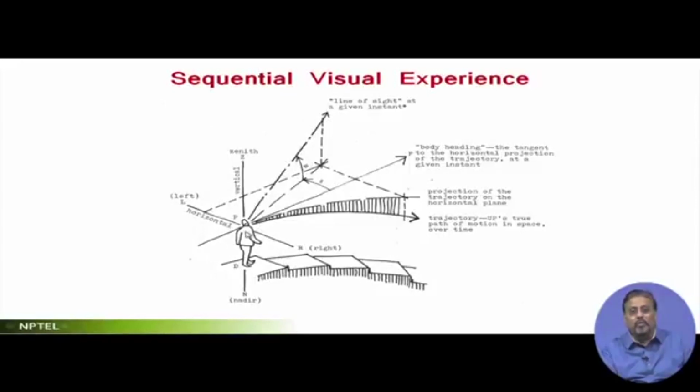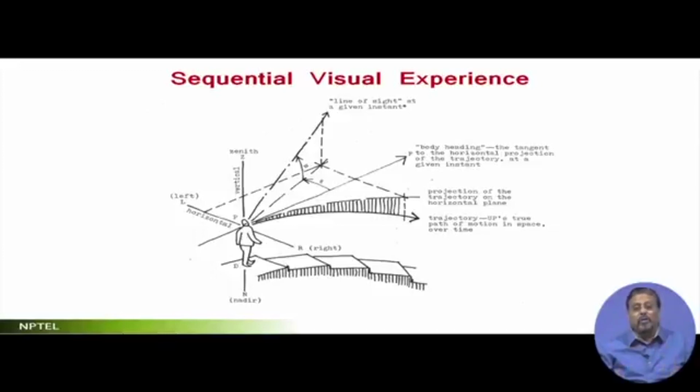Your x y is different, but your z value of the eye is 0. The vertical value is 0 with reference to your eye, not with reference to your feet, and we will always consider all these phenomena with reference to your eye level. So, if this is the 0 level, then this is z 0.